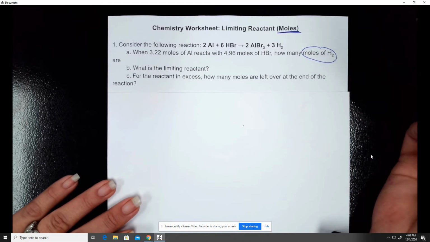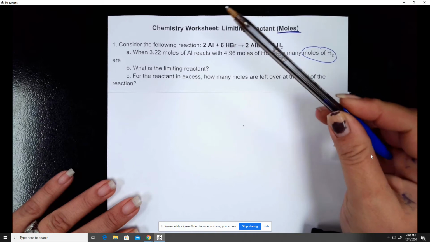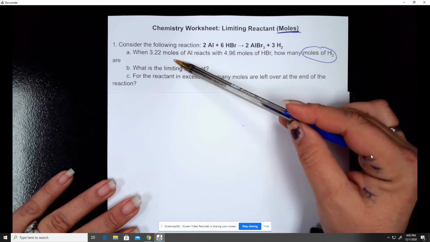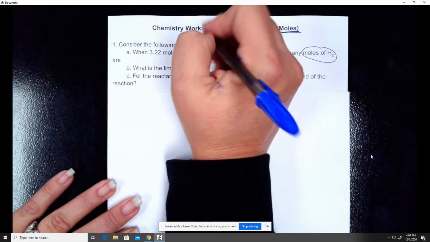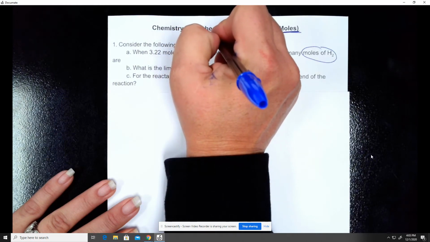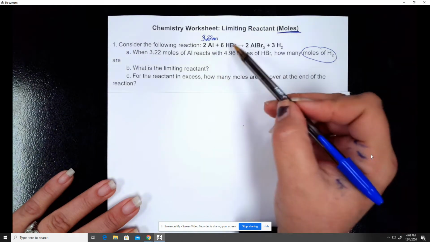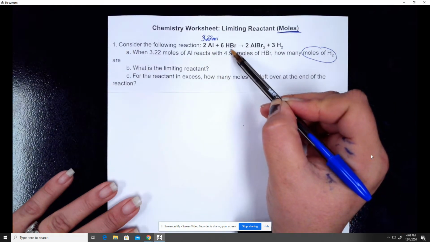One of the things I like to do, and it's very important, is that I have 3.22 moles of aluminum, and I always like to write those above what they belong to in the equation. And then I also have 4.96 moles of HBr.